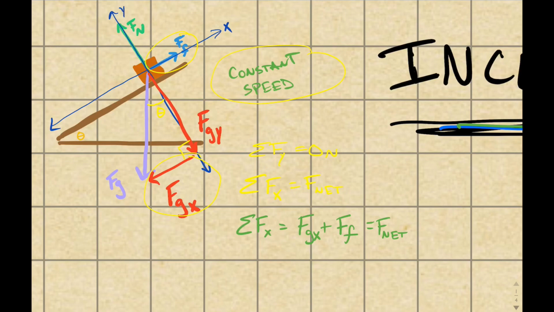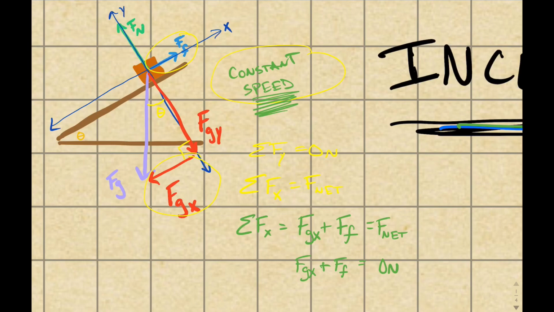but we know something: when we say constant speed, we know that the net force is equal to 0 newtons, because constant speed means equilibrium. So when we write these two things out and say this plus this has to equal 0, and one is going in one direction and one is going in the other direction, we know, and the algebra tells us as well, that those two things have to be equal in magnitude, so the numbers have to be equal but opposite in direction.